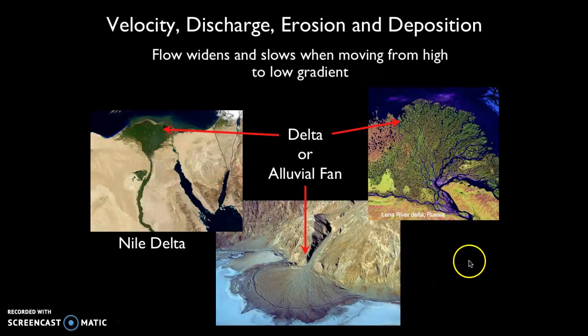So deltas are these features that you're seeing over here. This is the Lena River Delta in Russia that has some gorgeous pictures taken. I encourage you highly to look it up on Google. But you see that it is beautiful how from the main part of the river over here, it kind of ends up in the ocean, and it distributes all its smaller channels into the ocean.